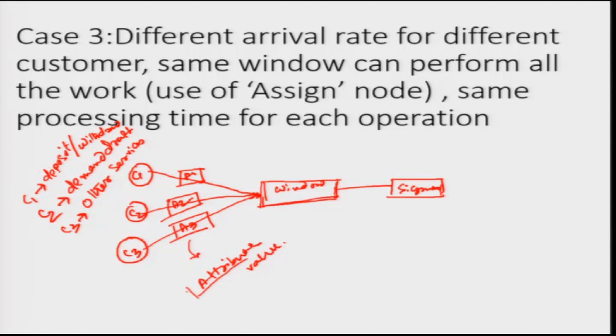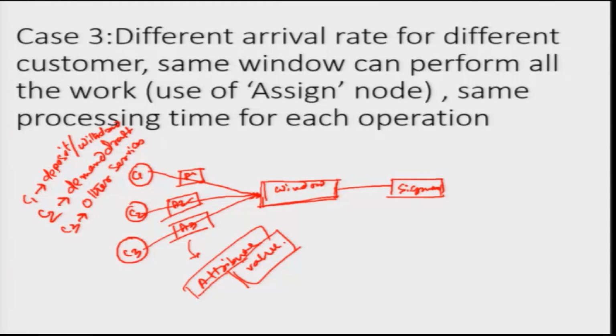This attribute value will identify the customer and drive them to the next process. The window process is the same, and the next process is signature, for which only the draft-making customers need to go.